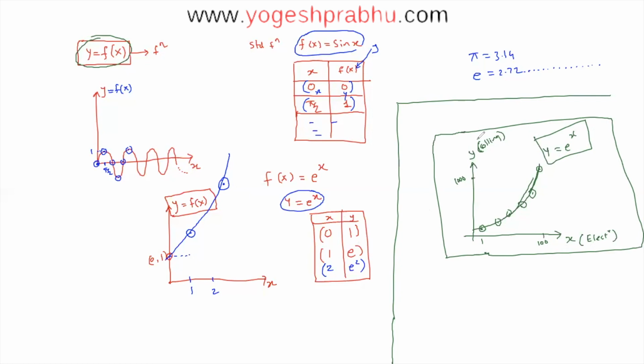So what we basically try to do with the function, right now here in this box, is we try to model real life situations in the form of a function. So this function, though it looks like y equal to e to the x, or you can say f of x equal to e to the x, all that is good. But now behind the scene, this is literally representing an air conditioner.